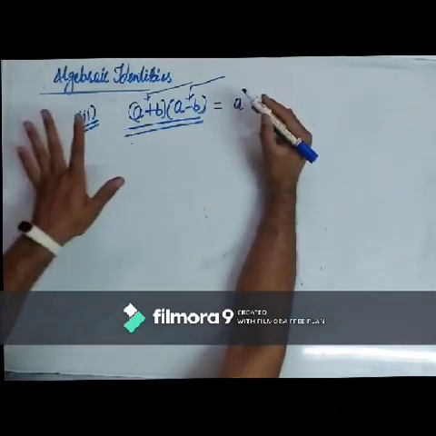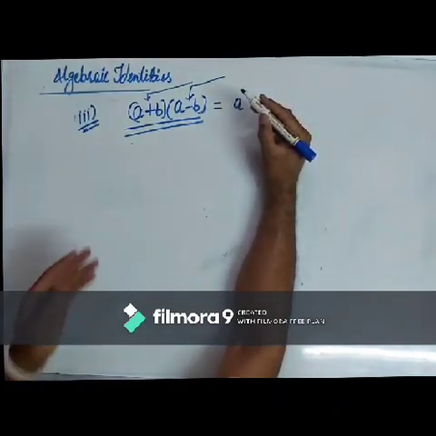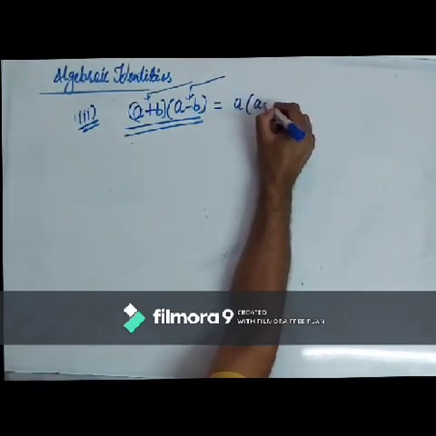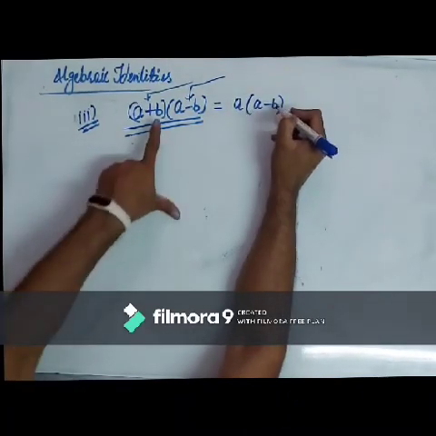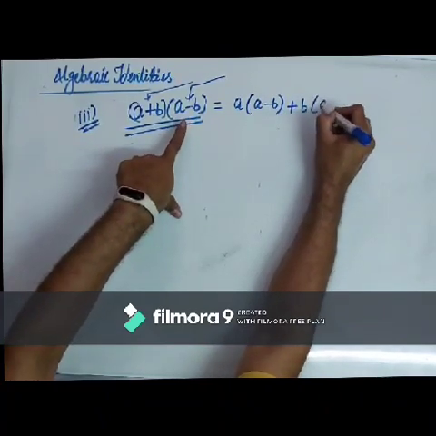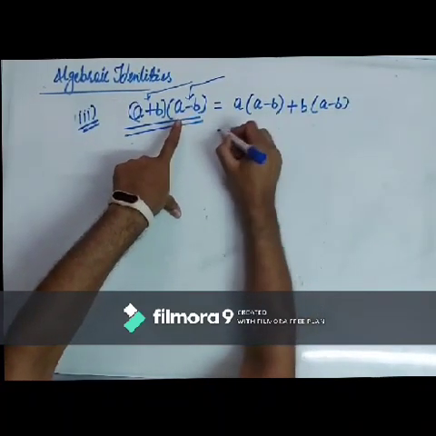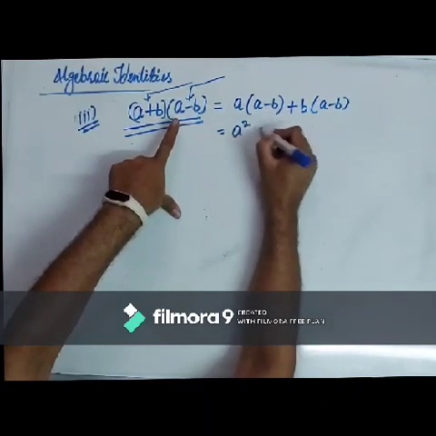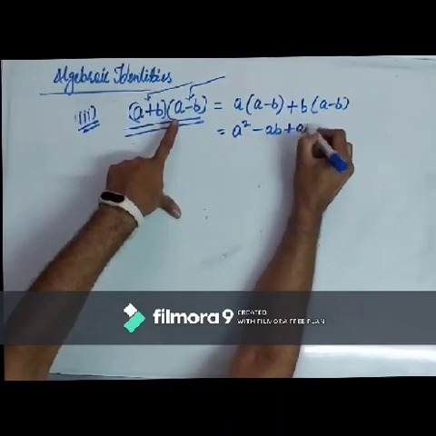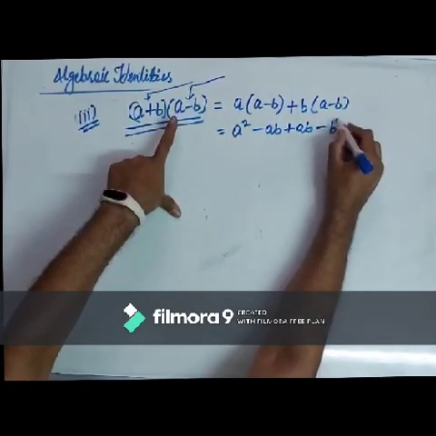With the help of the previous ideas, start with a and multiply it with a minus b, then start with plus b and again multiply it with a minus b. All in all, you will have a square minus ab, and b into a plus sign, this is ab, plus minus of b square.